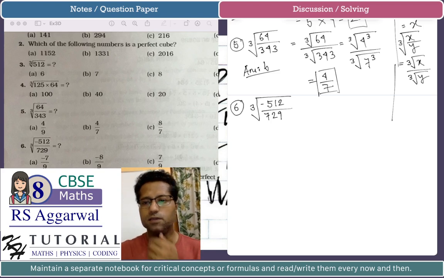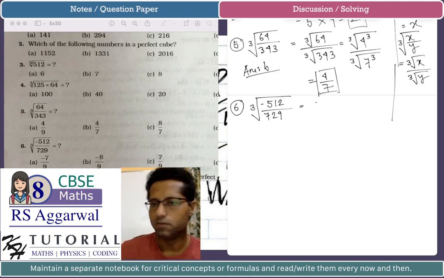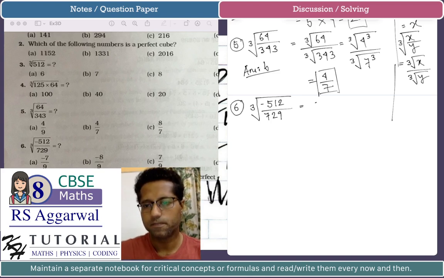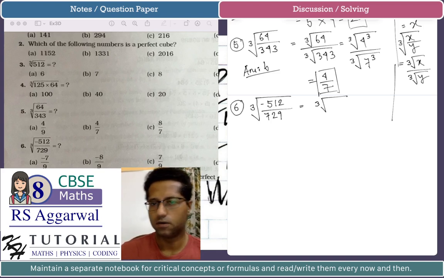If they are, then you will rewrite this as the cube root of the numerator divided by the cube root of the denominator. In this problem, we know 512 is a perfect cube, the cube of 8, and 729 is also a perfect cube, the cube of 9.